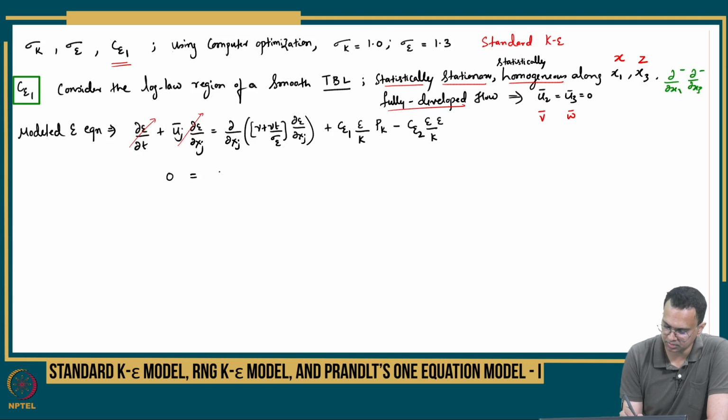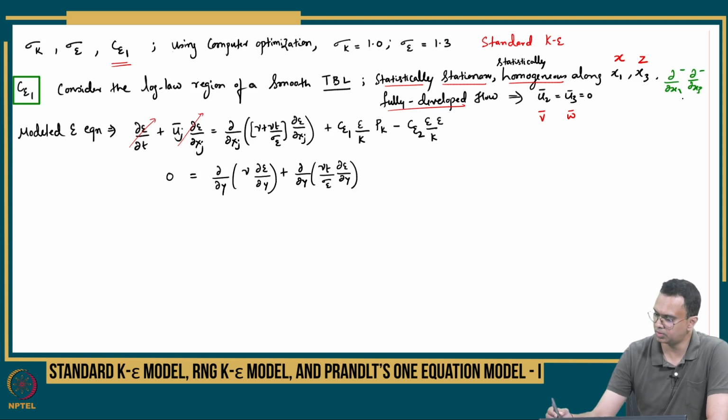I get only the dou by dou x2 term, which is dou by dou y of nu dou epsilon by dou y, plus, I am just splitting this viscous and turbulent contribution to the transport, dou by dou y of nu t by sigma epsilon dou epsilon by dou y.